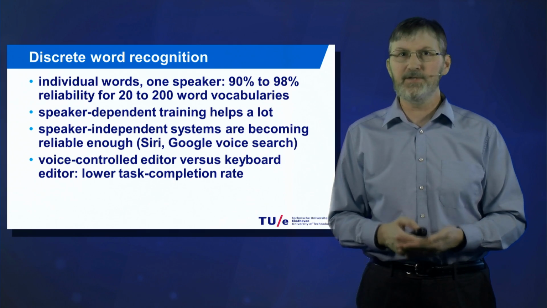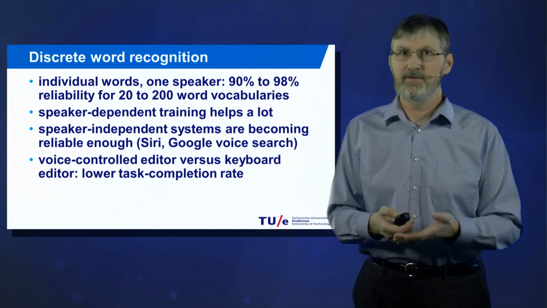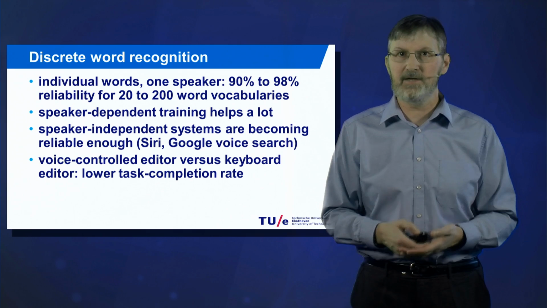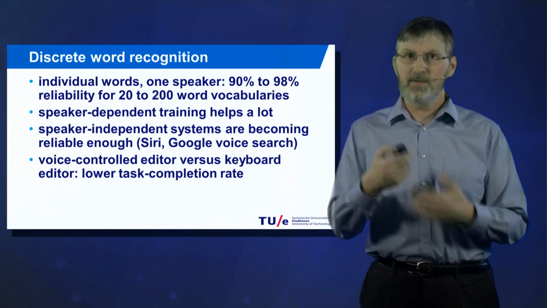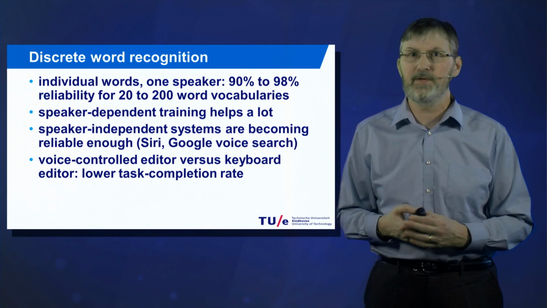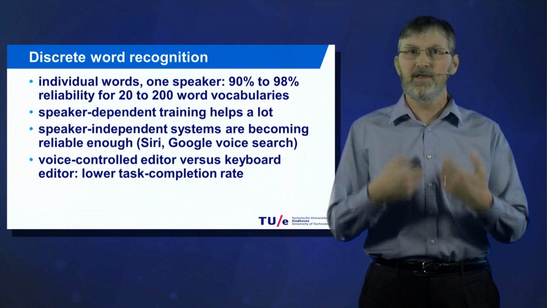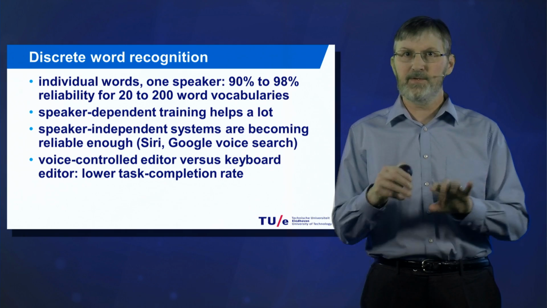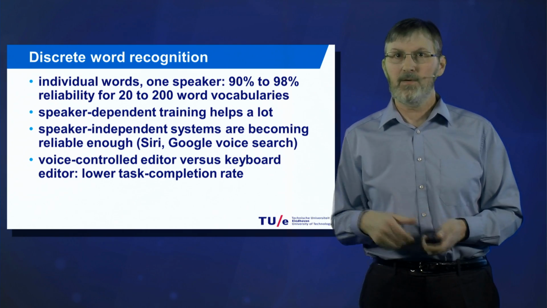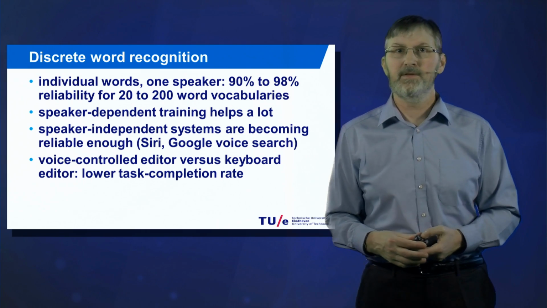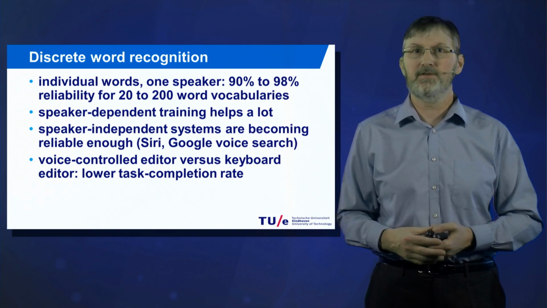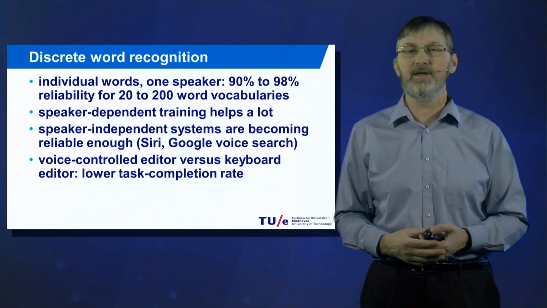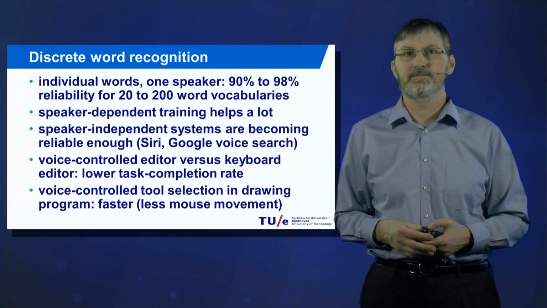We can use a voice-controlled editor for giving commands instead of using the keyboard for it. And we could actually use also a combination of, for instance, giving commands to the editor, but still typing the text, or the other way around, giving commands with a keyboard, but say the text out loud and have the computer recognize it.